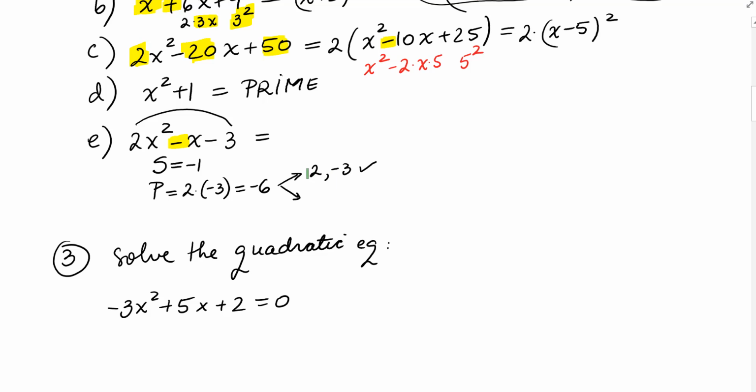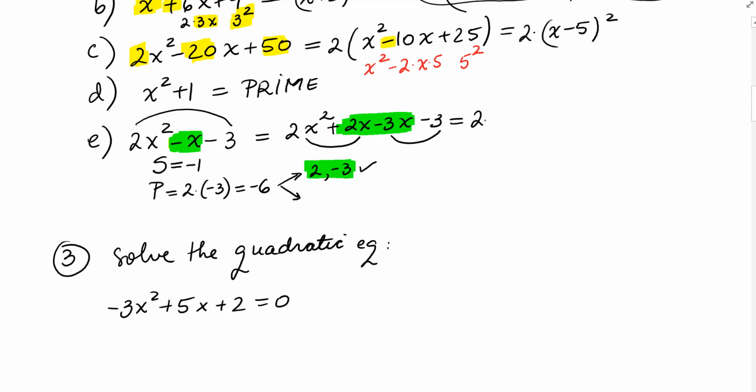What do we do with them? Well, we take these two numbers and we replace this middle term using those two numbers. So we have 2x squared plus 2x minus 3x minus 3. Mathematically it's correct because these two are actually -x. Now we ended up with 4 terms, so we are going to group them.